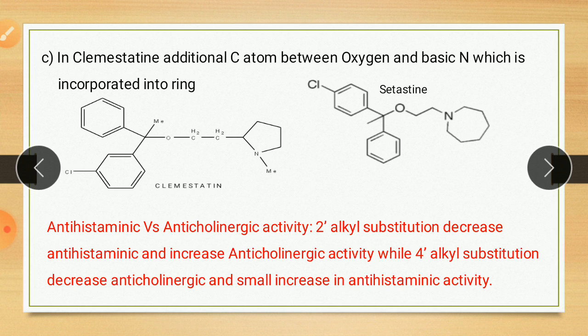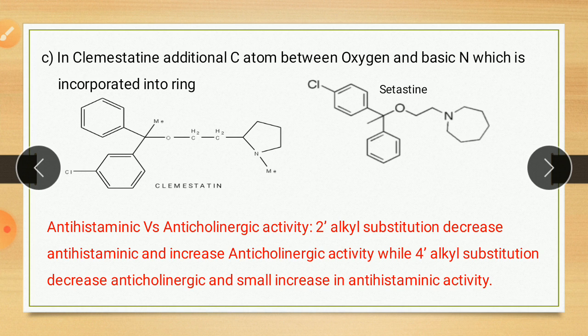As a result, the drugs in this group possess significant anticholinergic activity, which contributes not only to their therapeutic uses as antiemetic, motion sickness and anti-Parkinson drugs, but also to their adverse effect profile like dryness of mouth, constipation, urinary retention, blurred vision, etc. All above drugs possess increased selectivity for the H1 receptor over the muscarinic receptor.